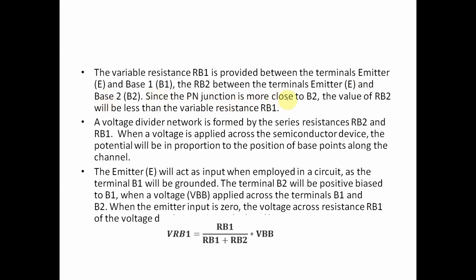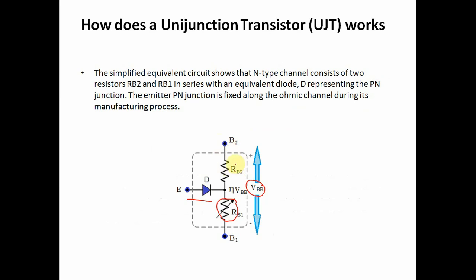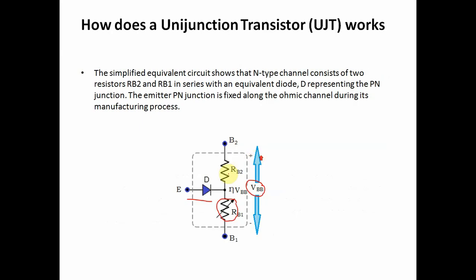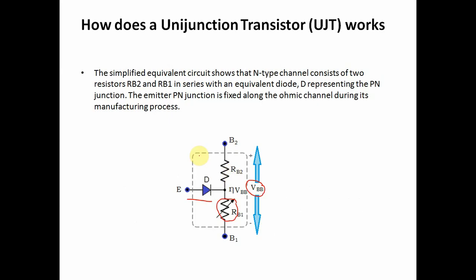Since the PN junction is closer to B2, the value of RB2 will be less than the variable resistance RB1. It forms a voltage divider network.